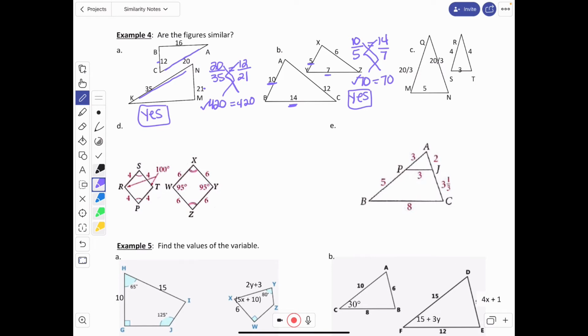So you don't want to compare these two sides together because obviously that's going to be the same. Okay. So you want to check a side and a bottom to make sure that they are proportional. Okay. So we're going to check 20 over 3 over 4.